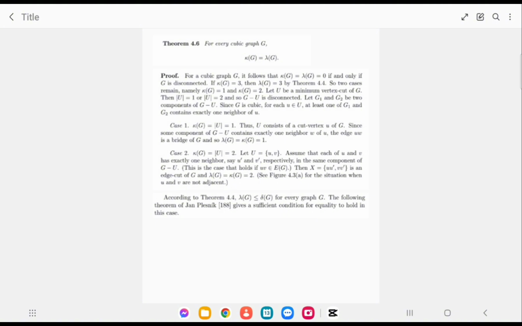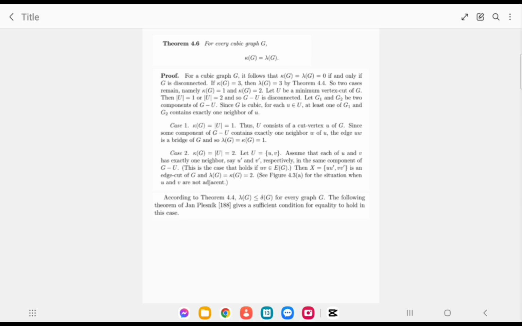It just means that the degree of every vertex in a cubic graph is equal to 3. So proof: for a cubic graph G, it follows that kappa of G is equal to lambda of G equal to 0 if and only if G is disconnected.